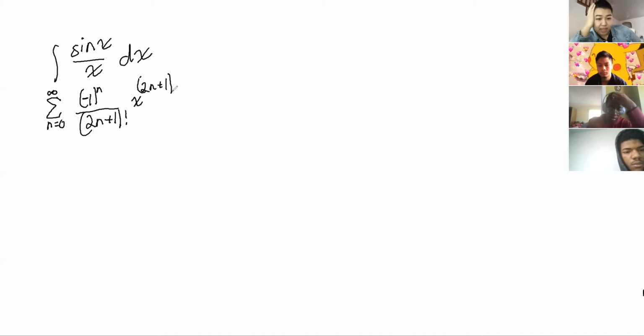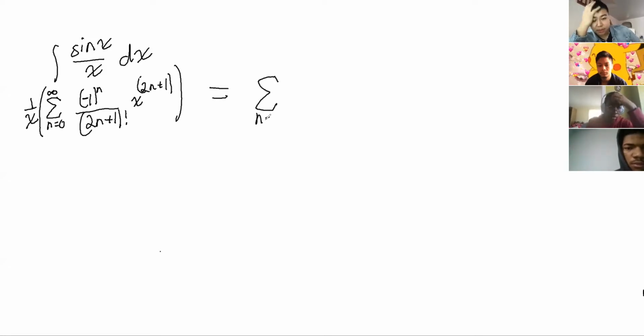If this is sine of x, then we can just divide every term in here by an x, which will get us the same thing, but instead of x to the 2n plus 1, it's just x to the 2n.